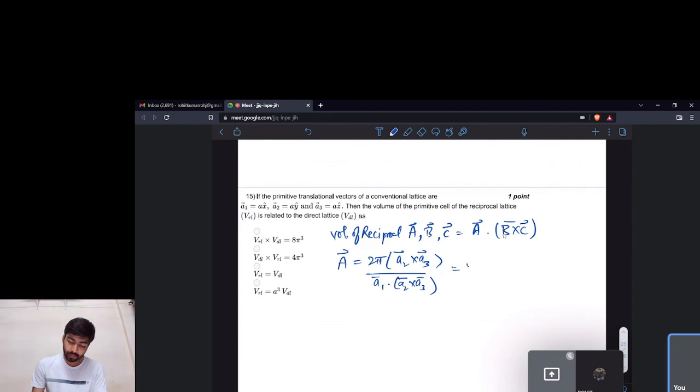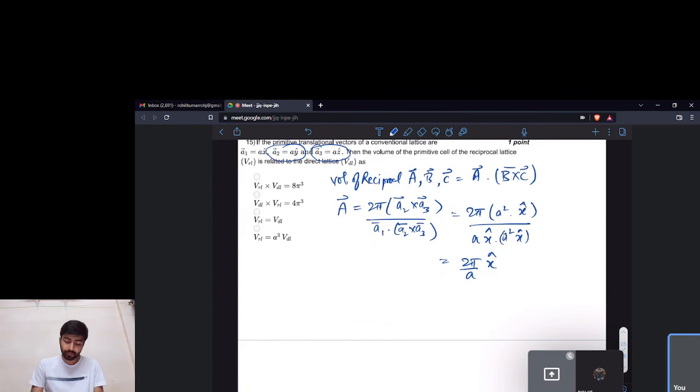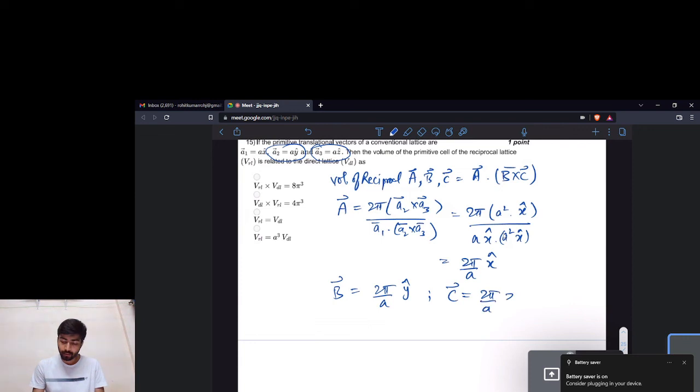If we do that, 2 pi divided by a1, now a2 cross a3 would be a square, y cross z is again x cap, divided by a square x cap taken dot product with a x. We are remaining with 2 pi by a x cap. In a similar way we can find out B as 2 pi by a y cap and C as 2 pi by a z cap.